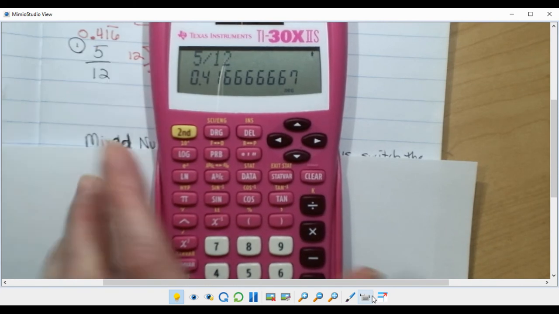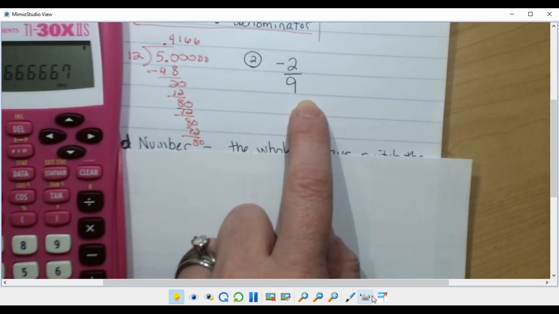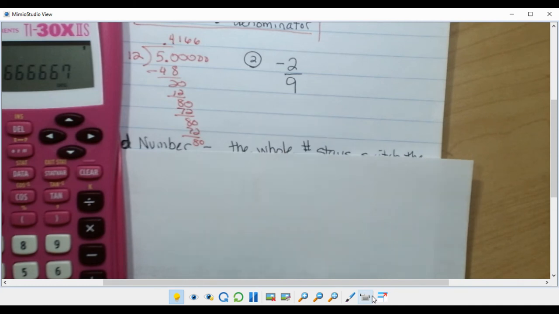All right, what if we had -2/9? Oh, there's a negative? Yes, there can be negative fractions, there can be negative decimals. We're starting to talk about rational numbers. So we started you off with integers, which are just the regular counting numbers. Now we're going to kind of blend all of your knowledge together. Nothing changes.